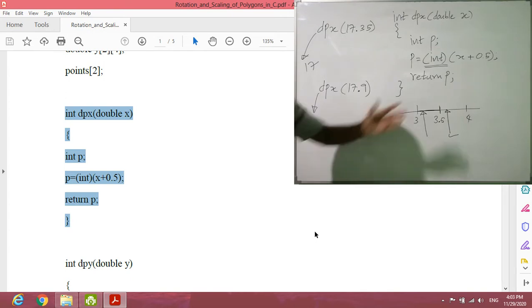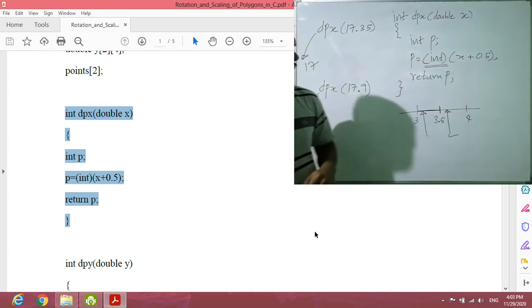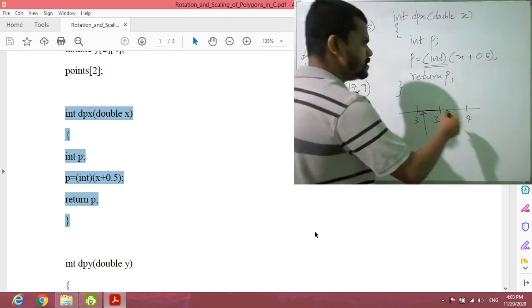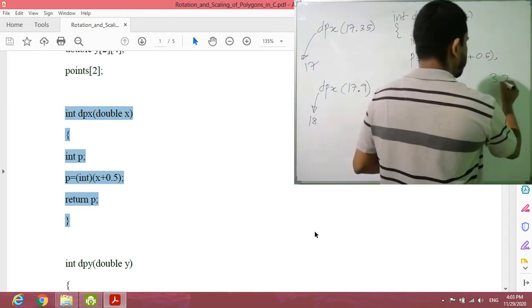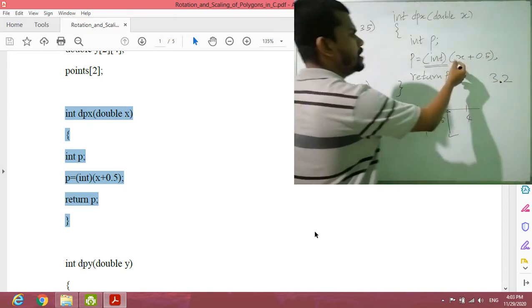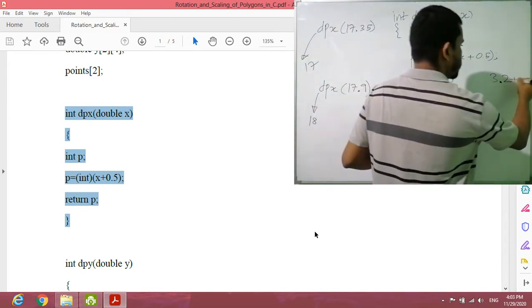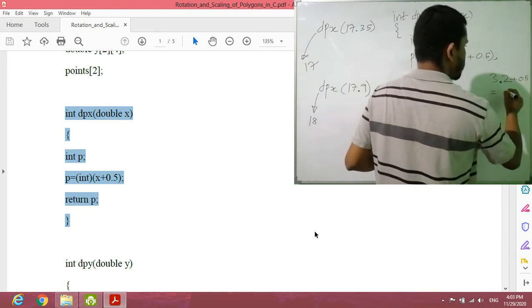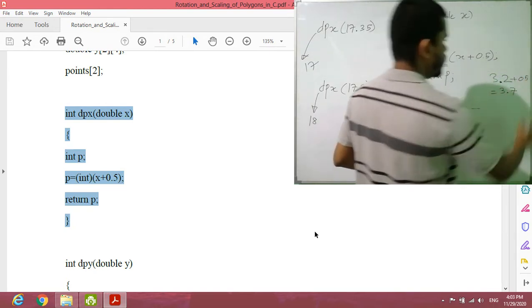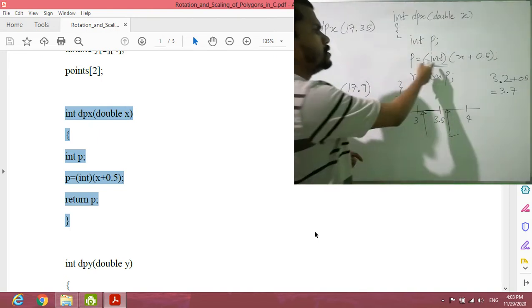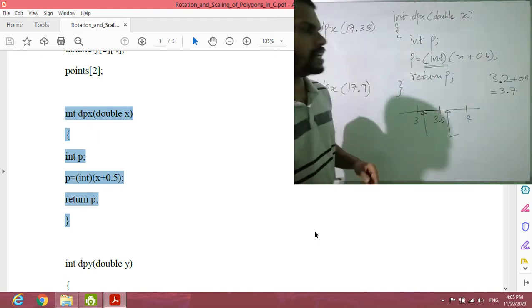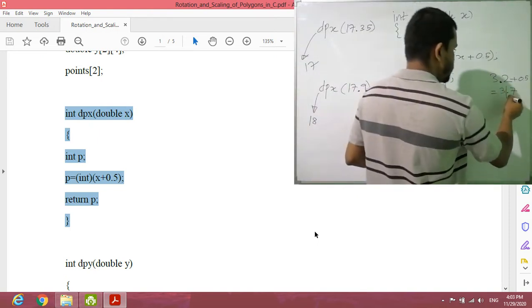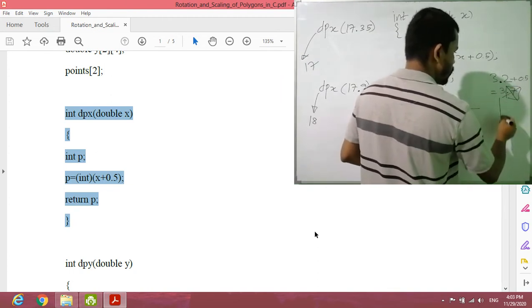We take only the integer part of the number. For example, if this is 3.2, we add 0.5 to it, then it becomes 3.7, and using this typecast the fractional part is discarded, so we get 3.